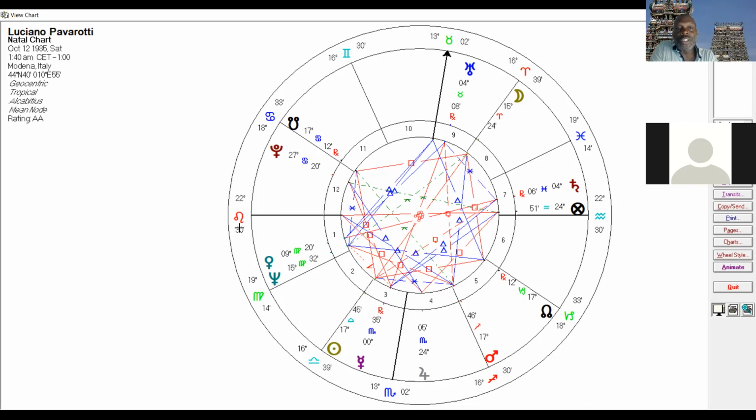Okay, so for instance, the Lord of the Ascendant is really the ruler of the year of 1935 for Luciano Pavarotti. It also happens to be the ruler of his ascendant and the chart ruler for his entire life.